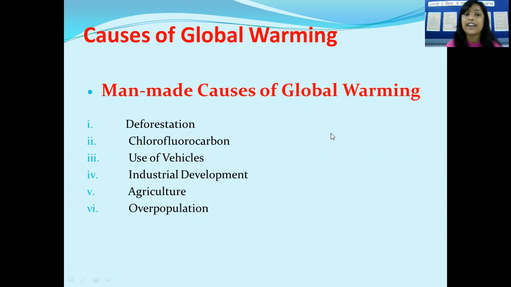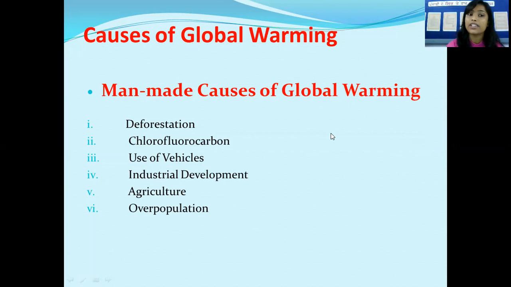We need to understand that when the forests are cut, there are no trees or fewer trees that carry out photosynthesis. In the process of photosynthesis, carbon dioxide is taken in by the trees or plants, and oxygen is produced. We are well aware that carbon dioxide is one of the greenhouse gases which increases the temperature as it holds the infrared radiation in the environment.